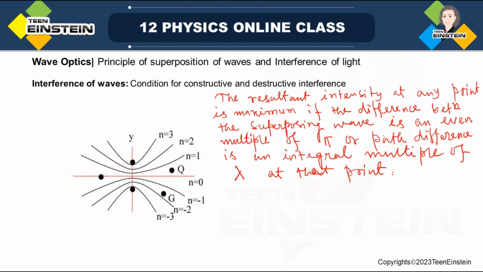All right. So this is the condition for constructive interference.